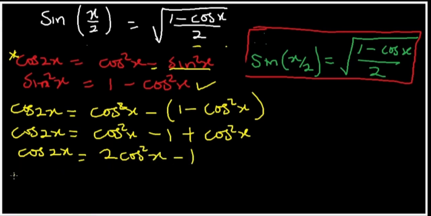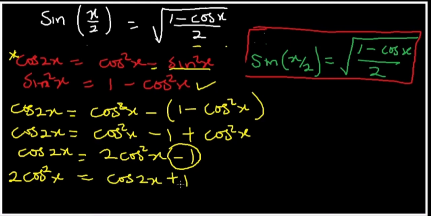So let me collect my like terms. I can as well write this as 2 cos square x is equal to, if I bring this minus 1 to the other side, I'll have cos 2x plus 1. So divide both sides by 2, I will have cos square x is equal to 1 plus cos 2x over 2.